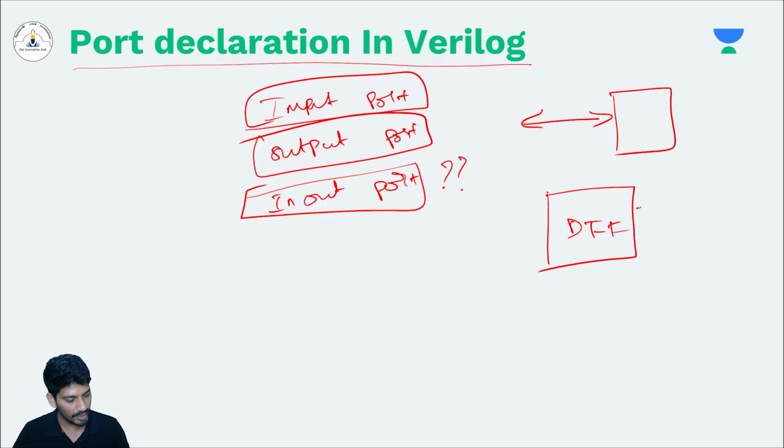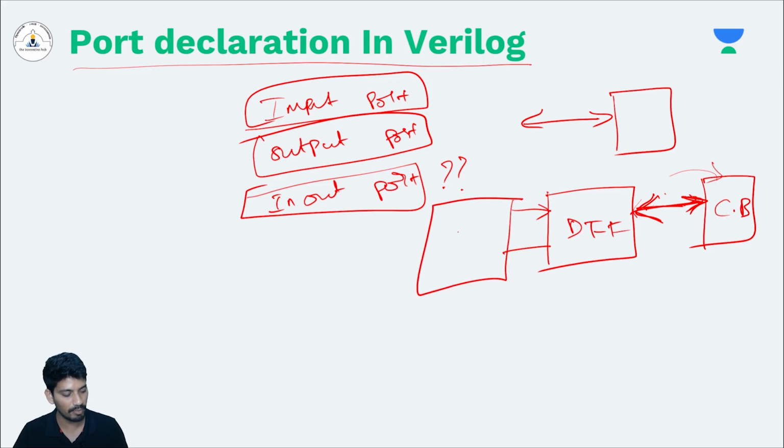If the output of the D flip-flop is going to some other combinational block, then this output should no longer be an output port. It should be an in-out port because it is going as input to some other block. Similarly, if the input of the D flip-flop is coming from some other combinational block, then this input port is no longer an input port. It should be an in-out port. That is the purpose of in-out port.